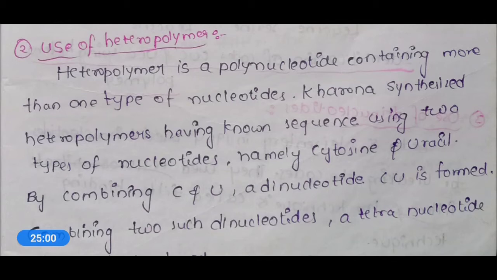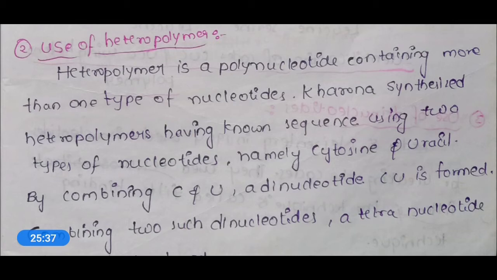So here the scientist Khorana took heteropolymers with a known sequence. That means he took them in a selective way, using two nucleotides. In the homopolymer, only one nitrogen base is considered, but here two nitrogen bases or two nucleotides are utilized.